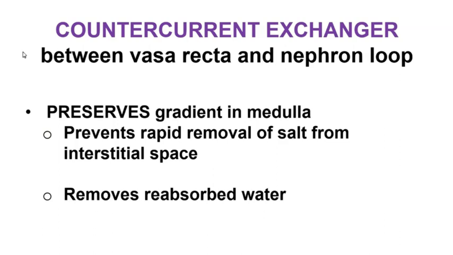And so this way, the sodium that's pulled out of the nephron loop in the ascending limb can still help pull water out of the descending limb of the nephron loop. So really the vasa recta is helping to keep that nephron loop doing its job of being able to pull sodium and water out of the filtrate there.